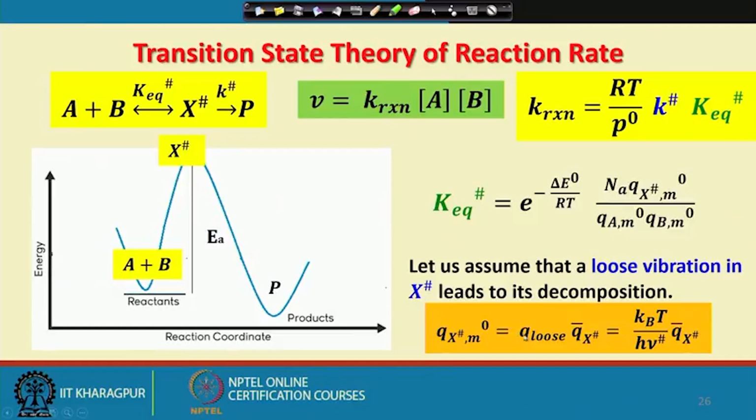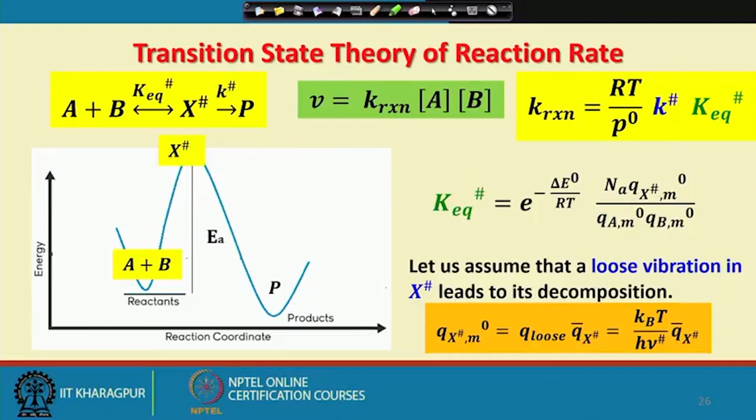As a result, I can write that this Q naught of X dagger is Q loose, the vibrational partition function corresponding to the loose vibrational mode, multiplied by the vibrational partition function for the rest of the vibrational modes of the complex X dagger, where because of strong bonds present within X dagger, they are not undergoing any loose vibration.